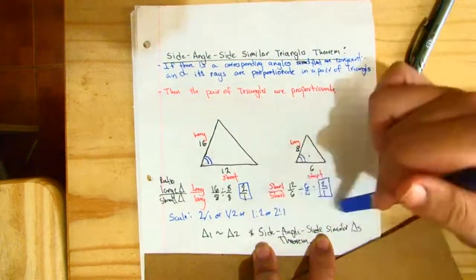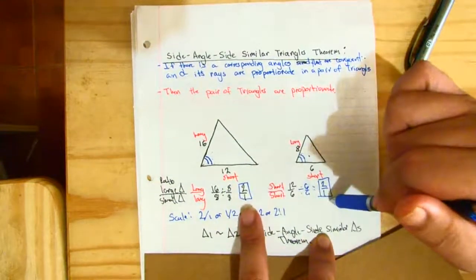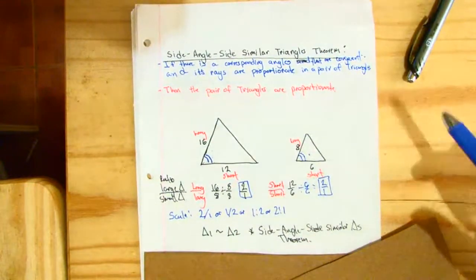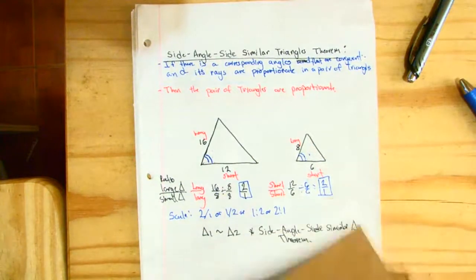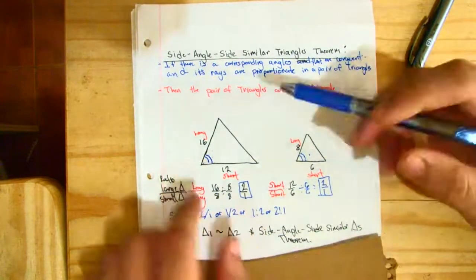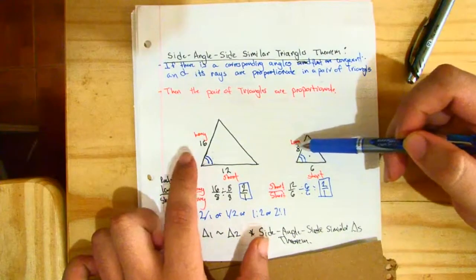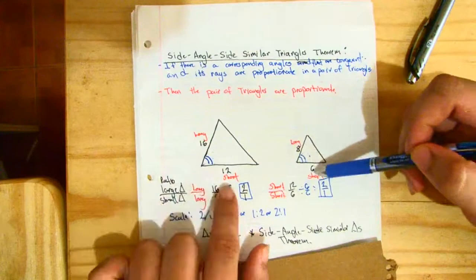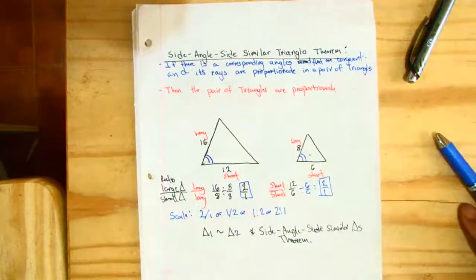We can tell that both of them are proportional to each other. Let me rephrase that. The long sides ratio is proportionate to the short legs ratio that we're comparing.